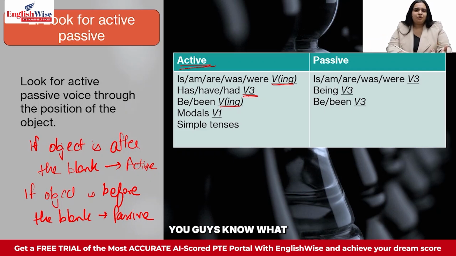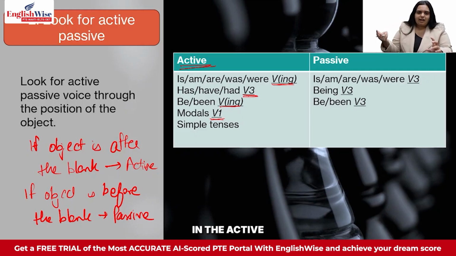Modals. I'm pretty sure you guys know what modals are now. They are words like will, would, can, could, shall, should, may, might, and they always give you the intent or the expression of a sentence. Now with modals, obviously after modals you always have the first form of verb, V1. That is a grammar rule, and any sentence that has a modal always has to be in the active voice.